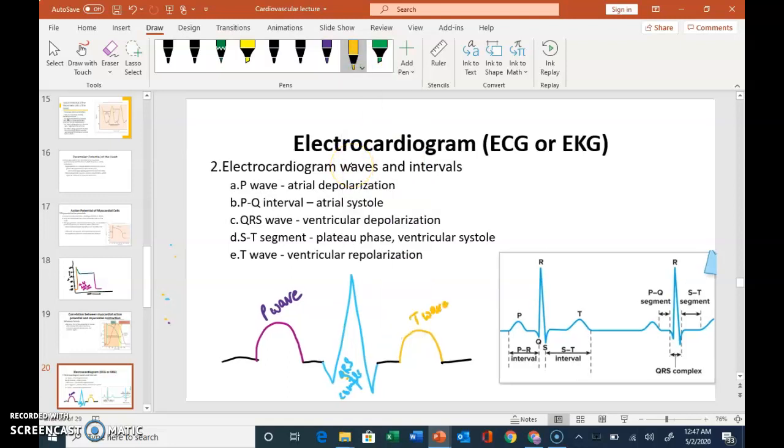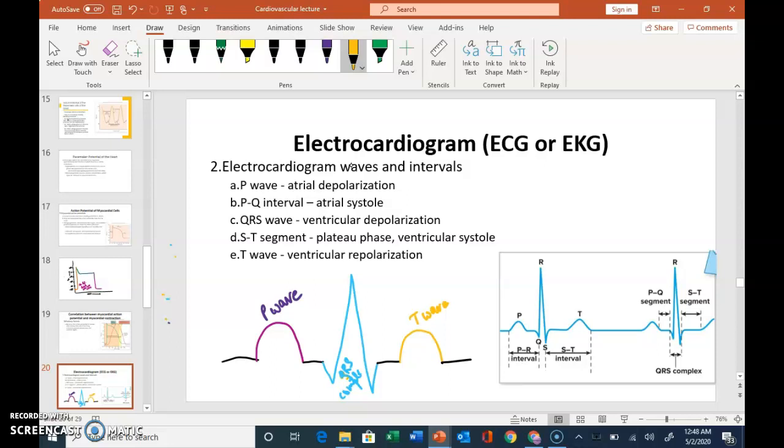Let's talk about this. P wave is atrial depolarization. When the atria depolarizes due to the action potentials generated from the SA node, that is indicated by the P wave.